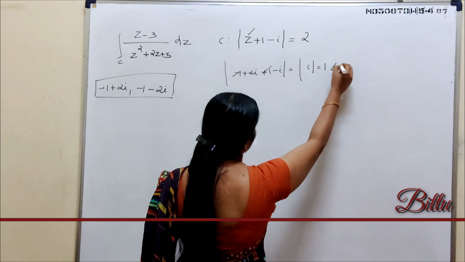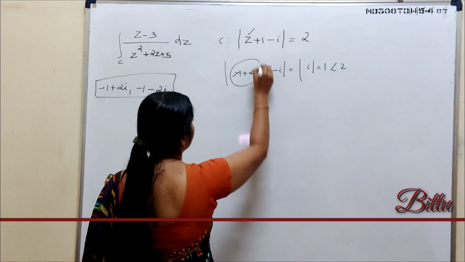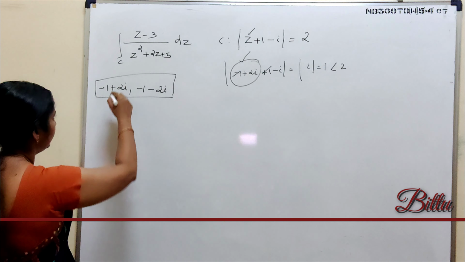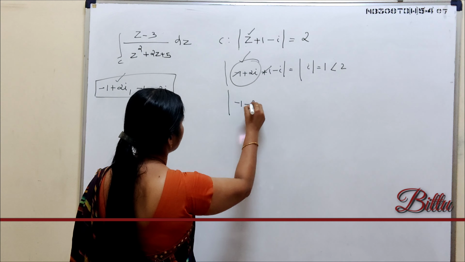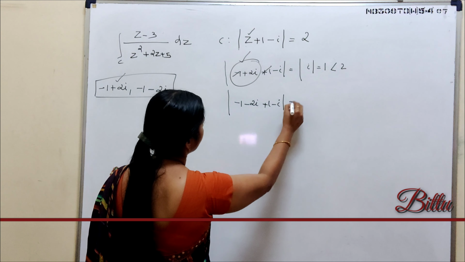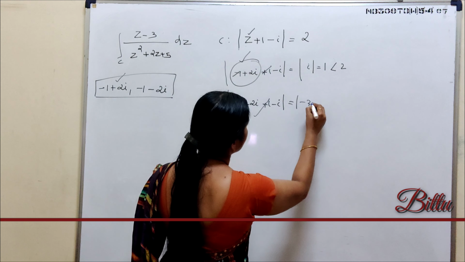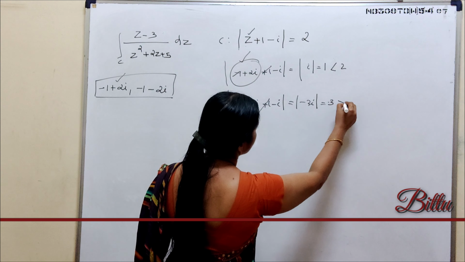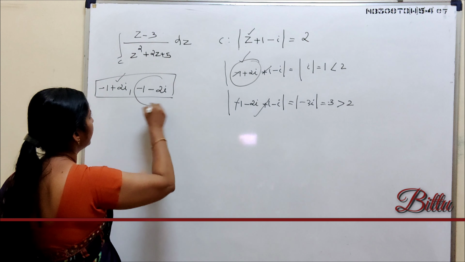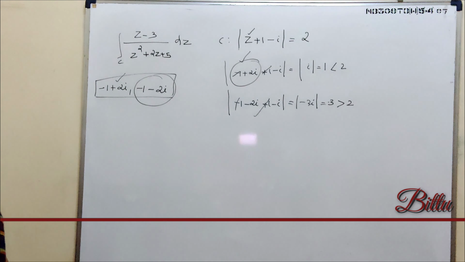Modulus of i is 1, which is less than 2. So clearly this is inside. Similarly, you check minus 1 minus 2i plus 1 minus i is equal to mod of minus 3i. Modulus of minus 3i is 3, which is greater than 2. So this is outside of C.